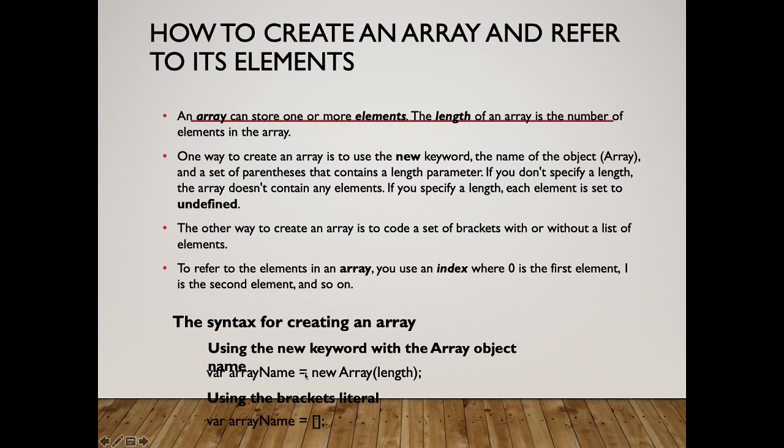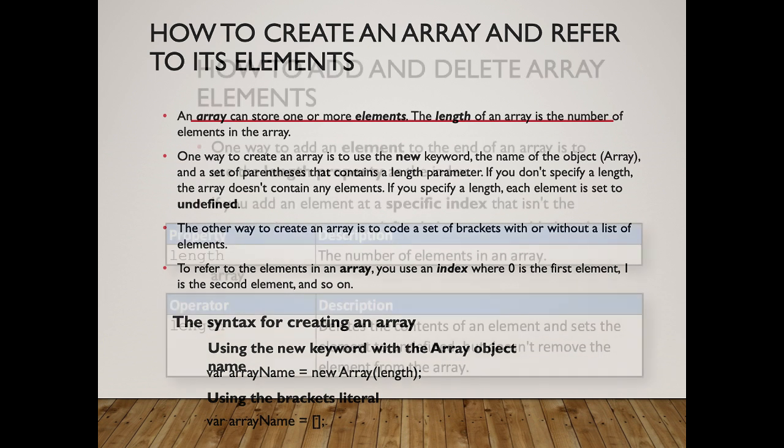So right here, it's a little bit hard to see, but we have var array name equals new array, and we can give it a length, or we can use var array name equals and then square brackets. When we use new array and give it a length of 10, that array would have 10 elements that are undefined because it doesn't know what to put in it. It just knows that it needs a length of 10.